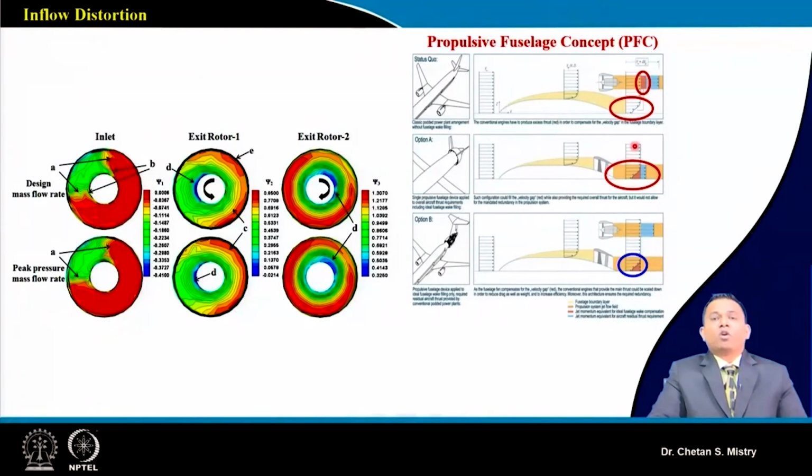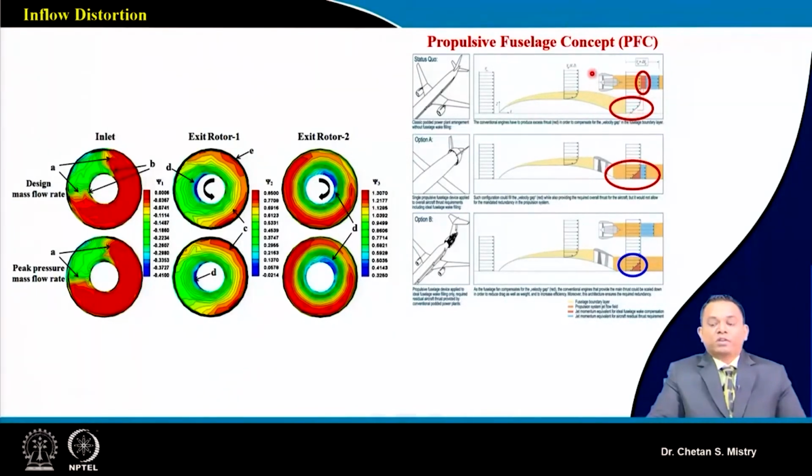Now there is one more concept people are working on, that's called the propulsive fuselage concept. In this case, if we look, this is my aircraft body, and from the nose of the aircraft there is a growth of boundary layer. This growth of boundary layer acts like a drag.